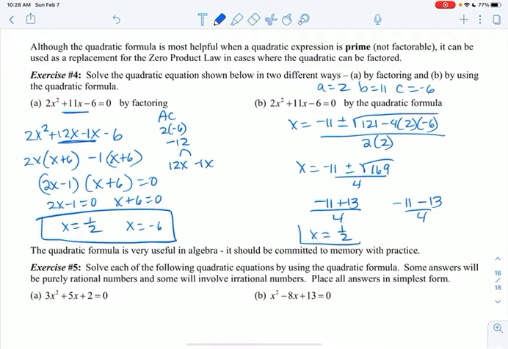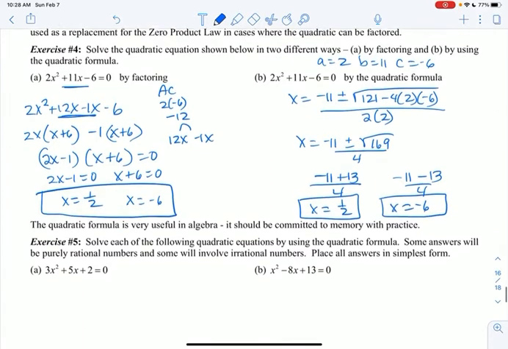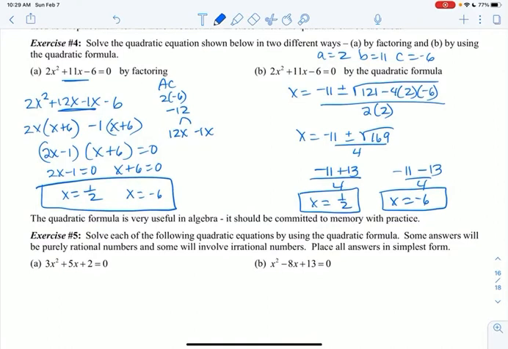There we go, same answer. We knew they should be the same. Negative 11 and negative 13 is negative 24, divided by 4 is negative 6. So if you don't like factoring, you don't like that AC method, you can always use the quadratic formula as well. All right? So make sure that you do know that quadratic formula.